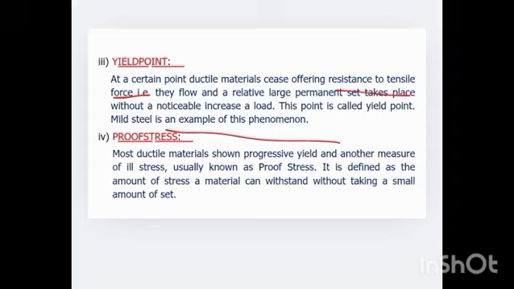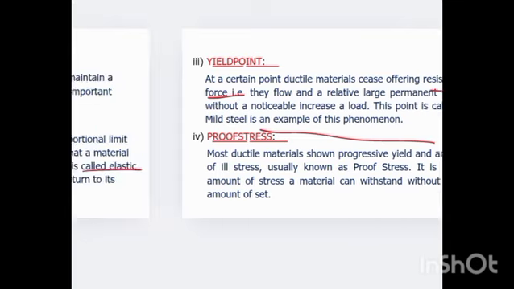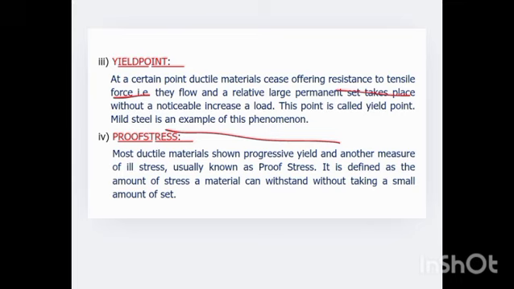Then proof stress. Some materials do not show a clear yield point. For such materials, we have to use proof stress to calculate the stress. Proof stress is a stress at which a small permanent deformation occurs. To find the proof stress, this is our stress strain diagram.